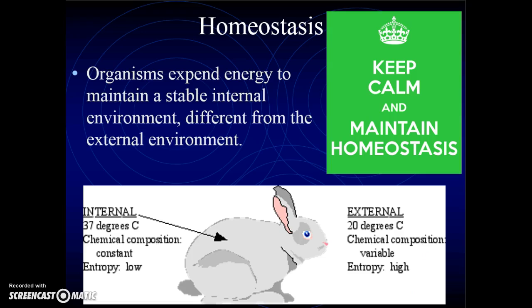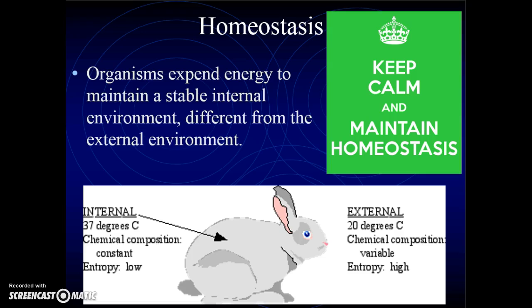Organisms expend energy to maintain a stable internal environment, and the environment is usually different from the external environment. So in the rabbit diagram, the internal conditions include 37 degrees Celsius temperature, fairly stable chemical composition, and a low amount of disorganized energy. Entropy is a term that refers to disorganized energy.